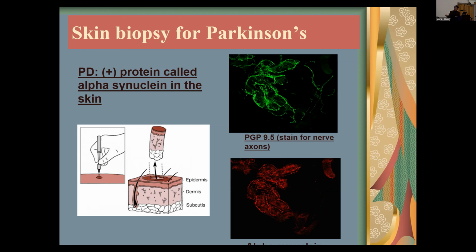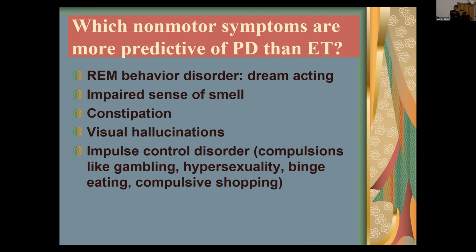So you compare what is green, which is where the nerves, the peripheral nerves, are, with the second image, which stands for alpha-synuclein. And you will see that there is robust alpha-synuclein in the same nerves that were demonstrated in the previous stain. So this is how we confirm whether you truly have Parkinson's or not.